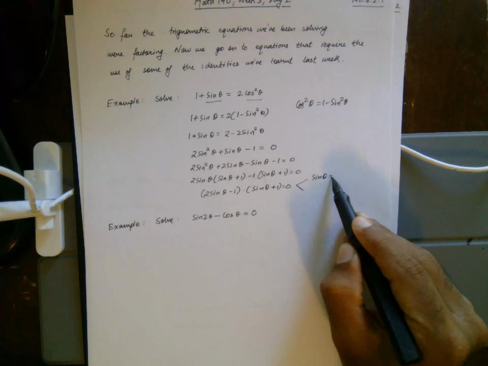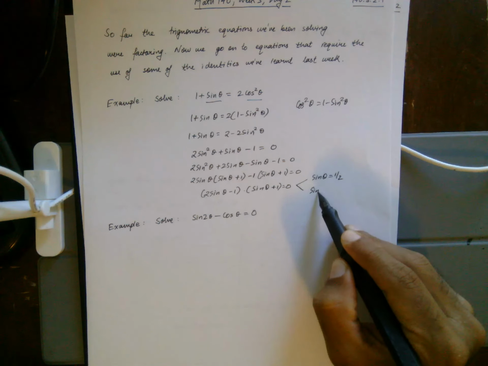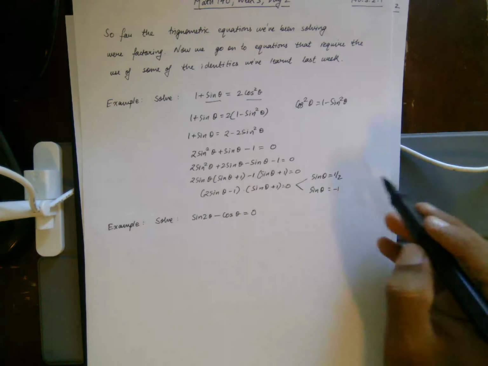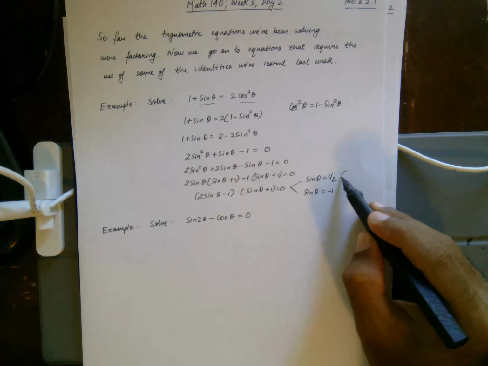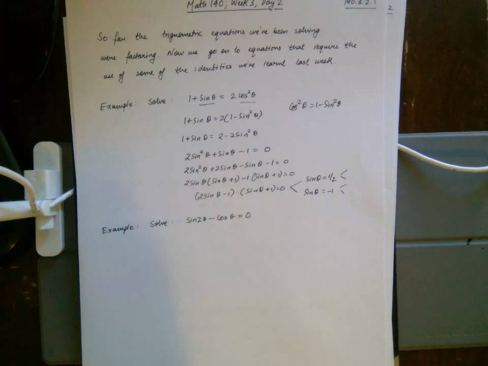Sine theta is 1/2 and sine theta is -1, both of which are going to have two solutions each for the general case. So sometimes when you are solving and they are not the same ratios, you want to sort of think of any identity that you can use to convert them into one variable.